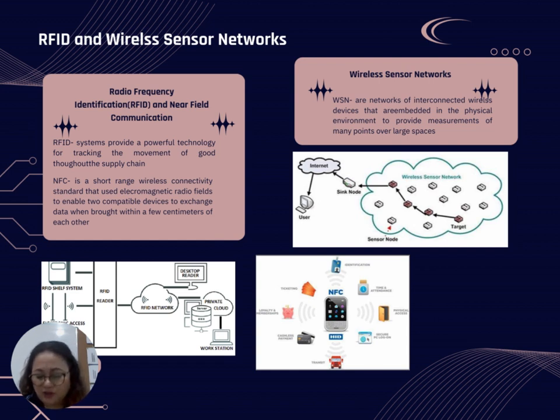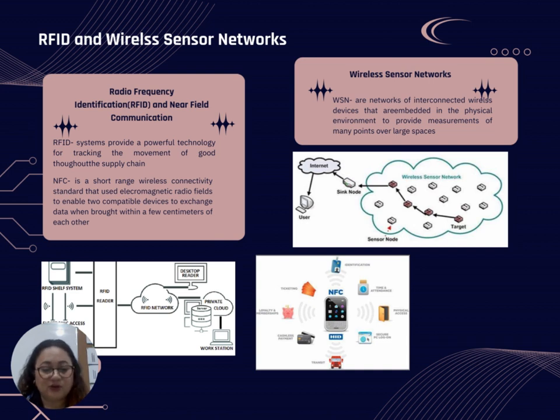RFID uses a low-powered radio transmitter to read data stored in a tag at a distance from 1 inch to 100 feet. The reader captures the data from the tag and then sends it to the network for processing.